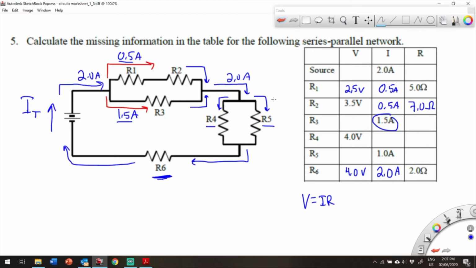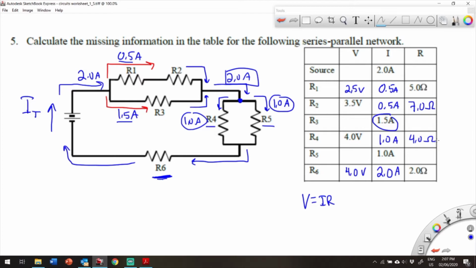R5 has a current of 1.0 amps, which means the current going through R4 must also be 1.0 amps, because these two currents must equal the current going into this junction. Now we can use Ohm's law to figure out the resistance of R4: 4 divided by 1. This will be 4 ohms.